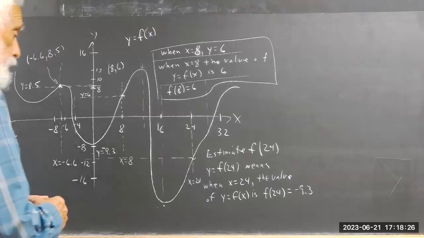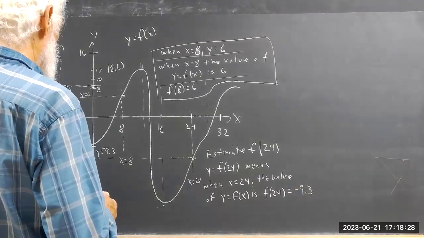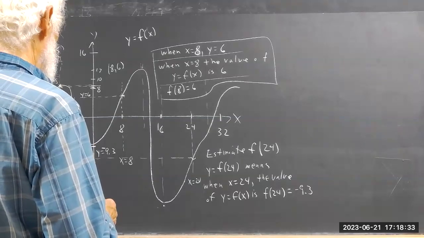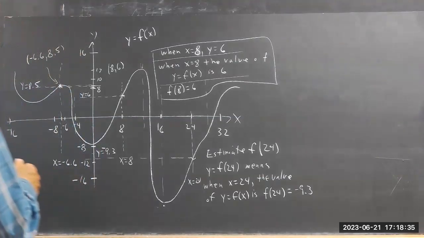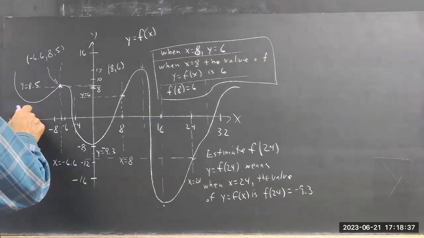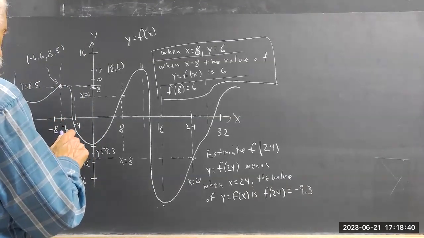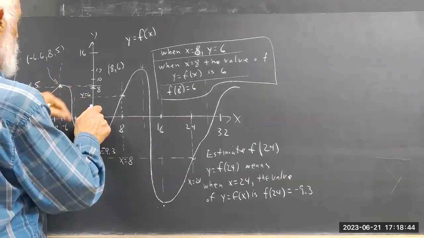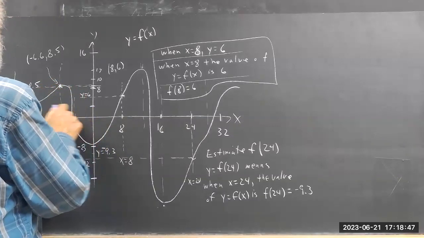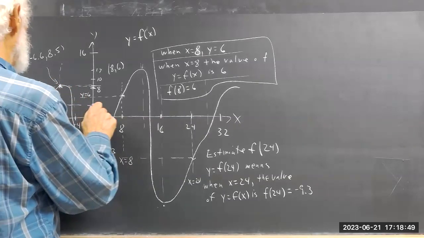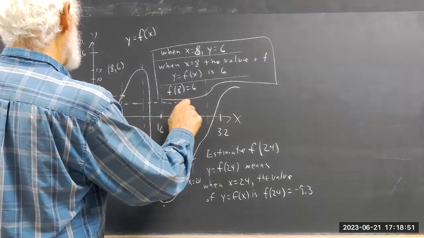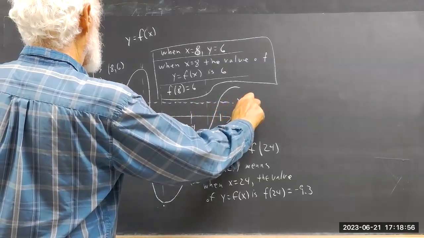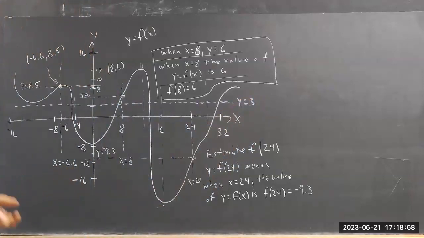So let's go with y equals 3. If y is 6 here, then y is 3 up here, and the line y is 3 would be about here.